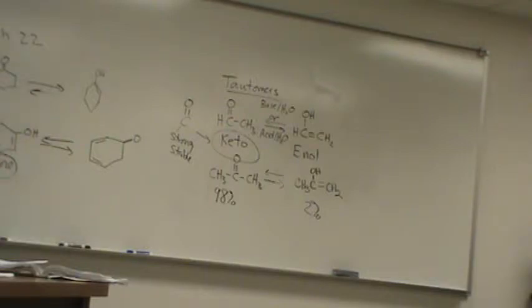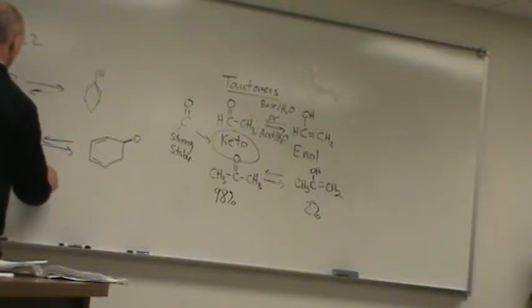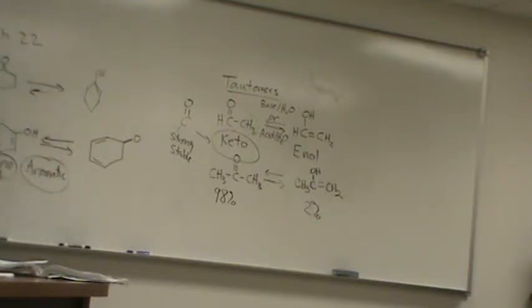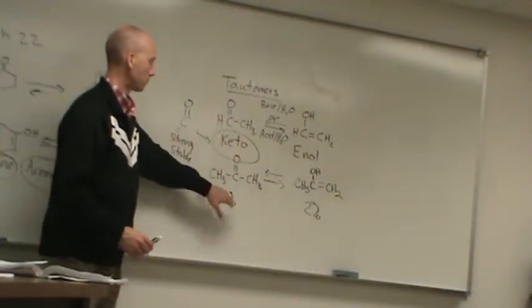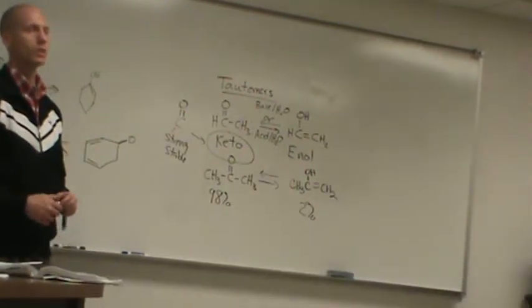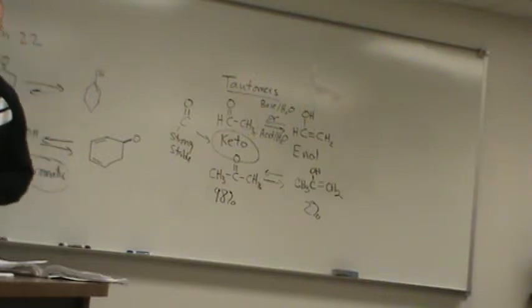Because it's what kind of ring? Aromatic. So the aromatic ring tilts the scale so that that enol exists more. But other than that, all these others will have the keto beating the enol, because of that carbonyl. Any questions on that?